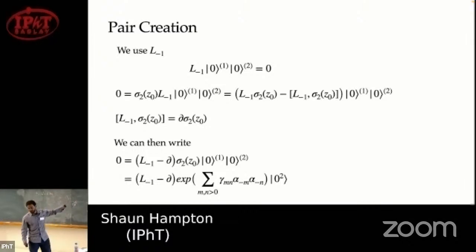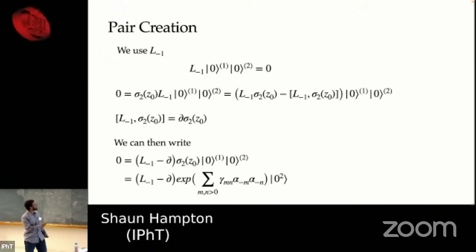You get a term where the L minus 1 hits the sigma, and then you get a term where the L minus 1 is acting on the left of sigma. The commutator, as you can work it out, ends up being just a partial derivative acting on sigma 2.